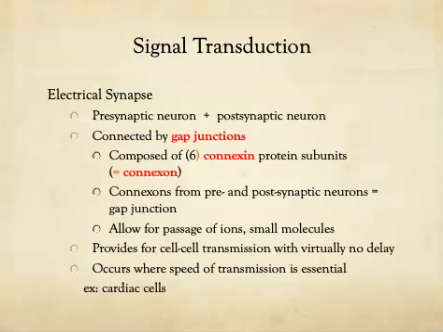So we're going to find electrical synapses in parts of the nervous system where the speed is really important. The speed of transmission of signal from one cell to the next is critical. A good example of this is in cardiac cells. In order for the heart to pump in a regular, predictable way, the electrical signal that gets generated has to be transmitted from cardiac cell to cardiac cell to cardiac cell in a very predictable, very rapid way. And so we find a lot of these electrical synapses in the heart.